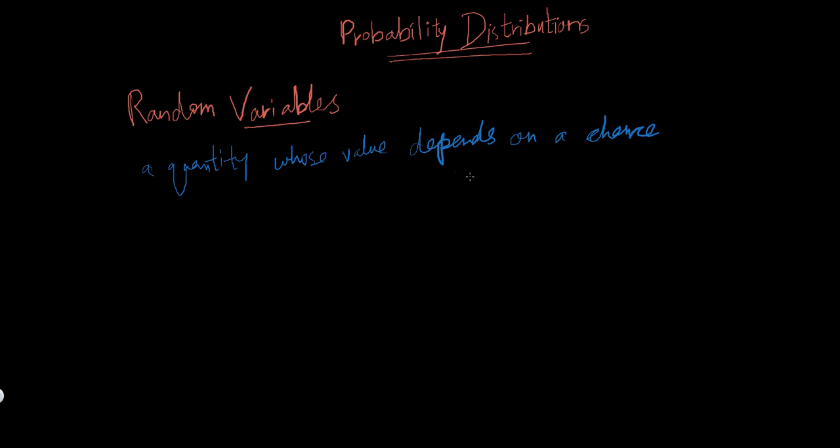So a random variable again is a quantity whose value depends on a chance. We usually denote random variables by capital letters. So like capital X, B, M, T, anything. So you can denote a random variable by any capital letter.